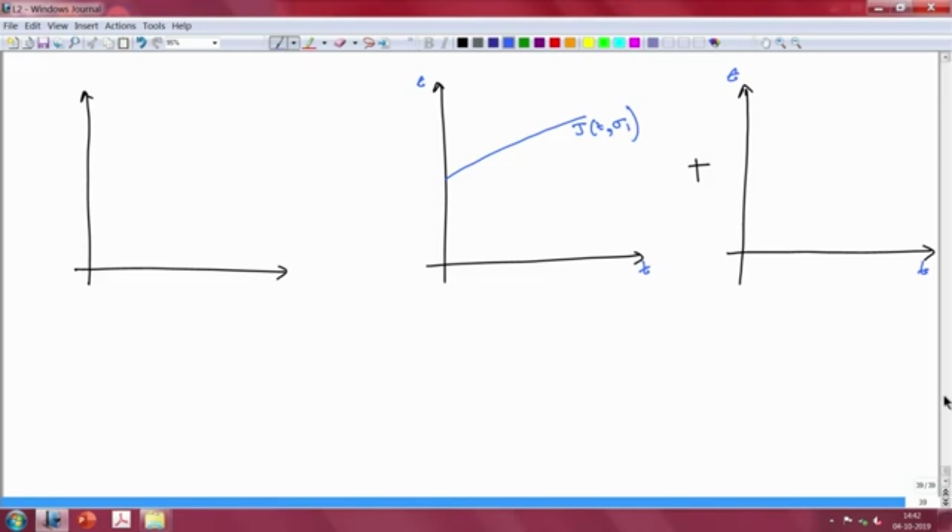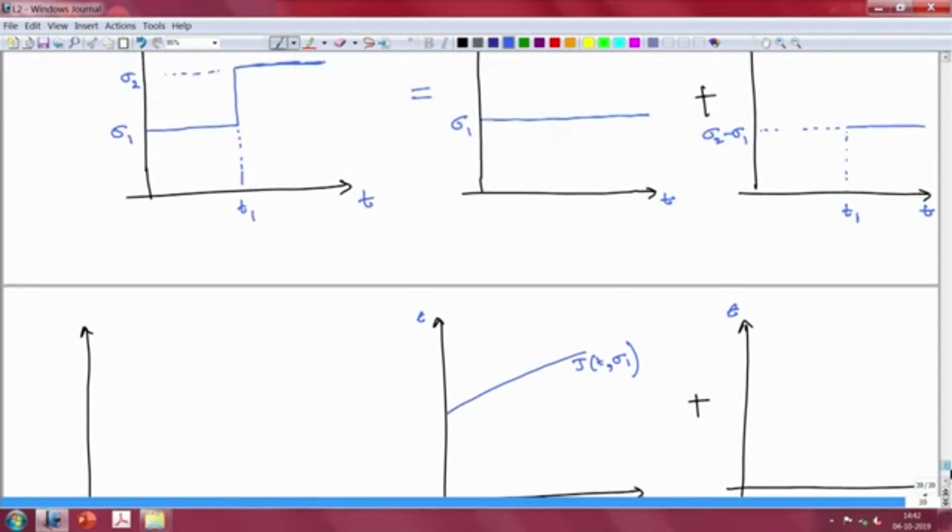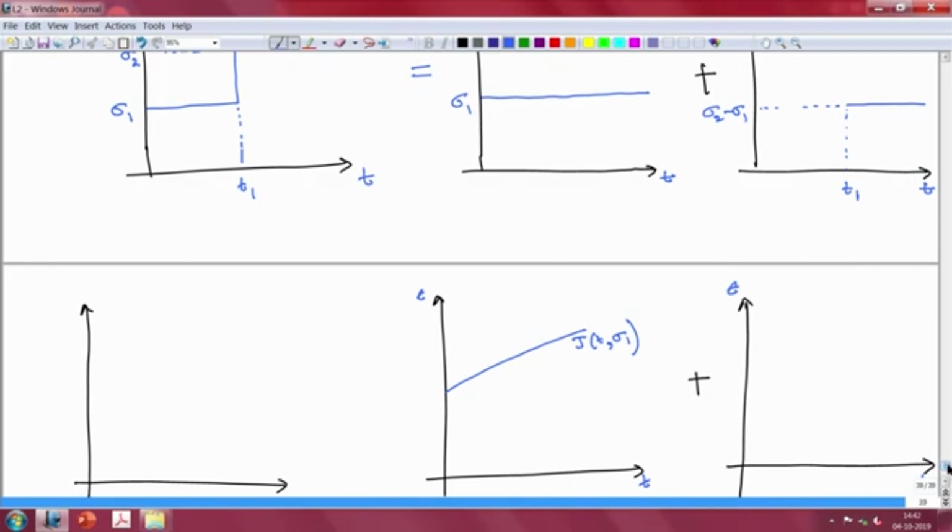And in the second case, we see that the second signal is sigma 2 minus sigma 1 and it is being applied at a time t1. So, till t1 what is your response? It is going to be 0. We had discussed that point earlier, remember that. So, this is t1. Now you are going to have a new response.